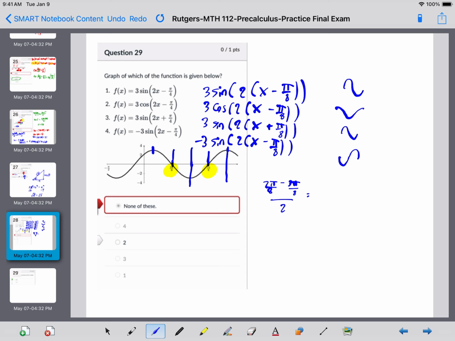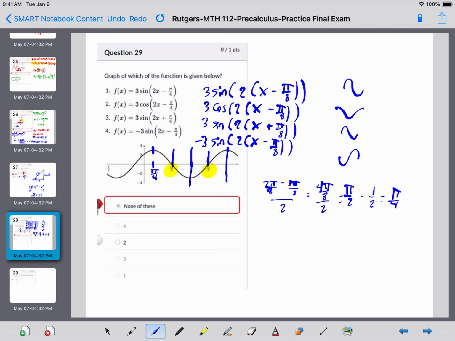So then we have 7 pi over 8 minus 3 pi over 8, 4 pi over 8 over 2. That's the same as saying 4 pi over 8, or I'll make it pi over 2. Pi over 2 times 1 over 2, which is pi over 4. So then this here is pi over 4.